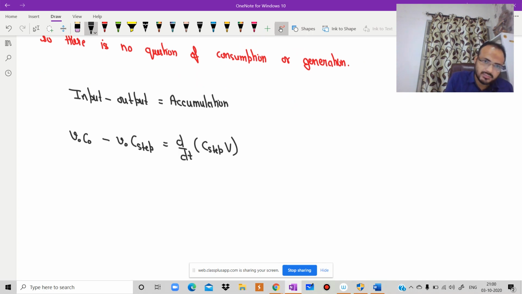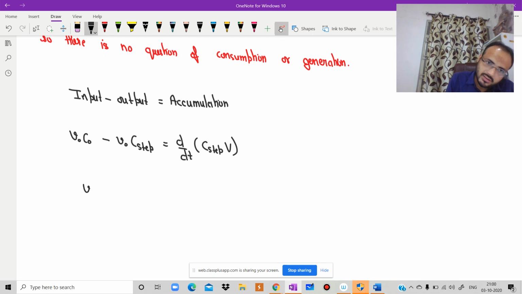It is mole per meter cube into meter cube per second, which is mole per second. The unit of V node is meter cube per second, and here we have mole per meter cube, then again moles per second. Here mole per meter cube into meter cube divided by time means mole per second. It means there is a uniformity in units also.